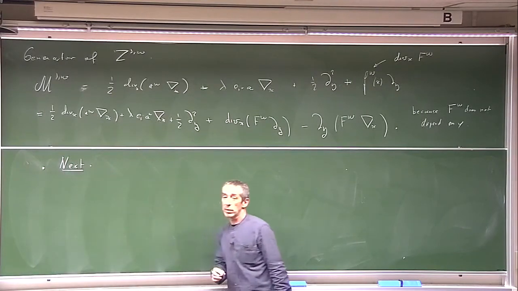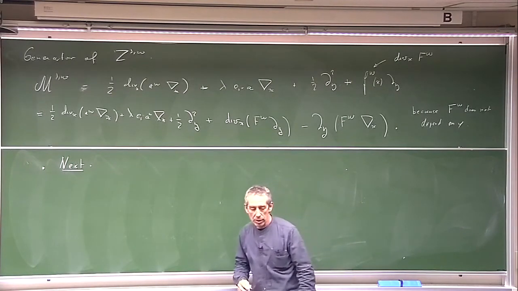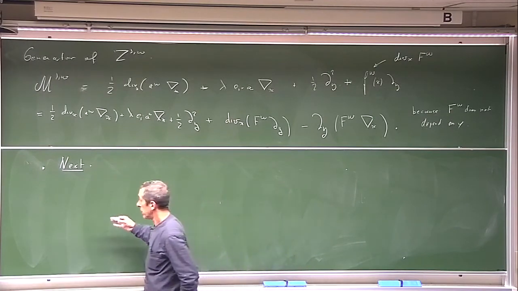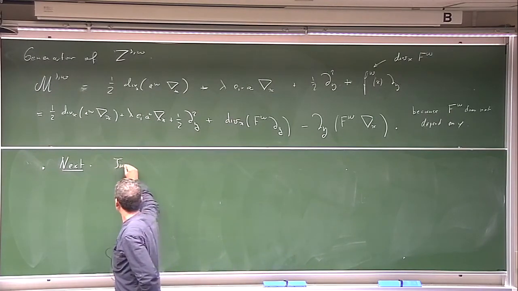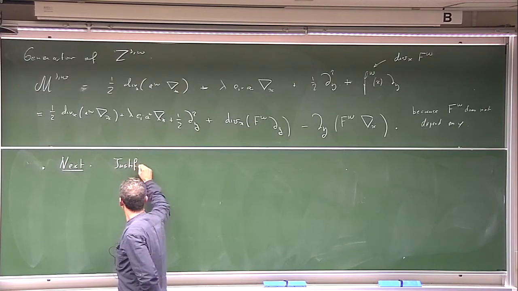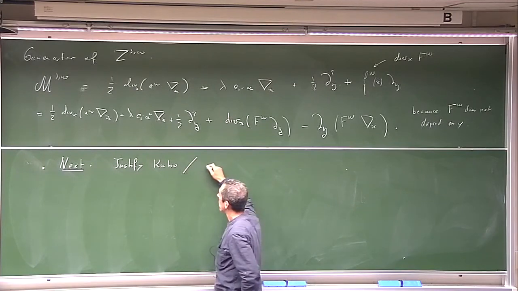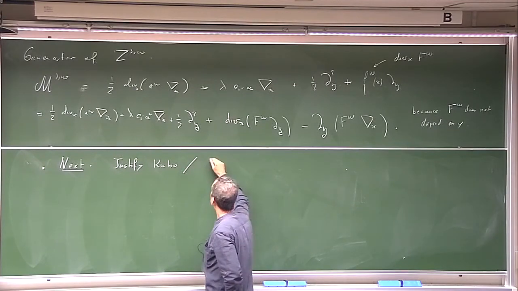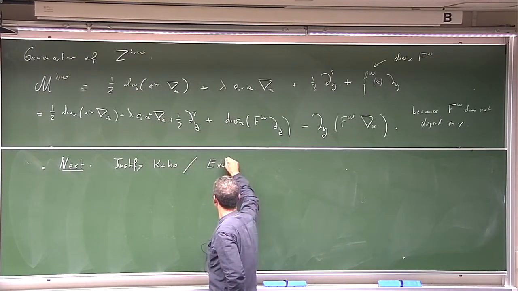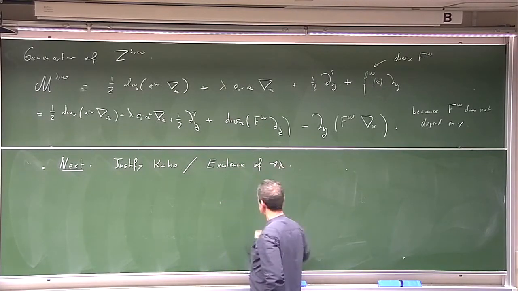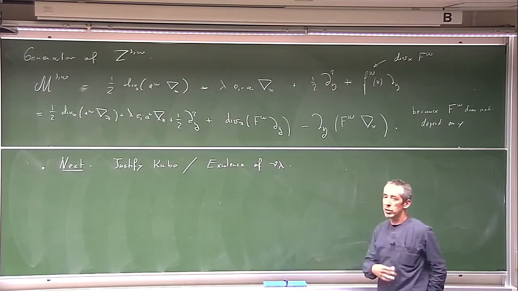The remaining part of the program will be to justify Kubo's relation. But before we do that, we will have to check the existence of the steady state nu lambda, either in definition 1 or in definition 2.